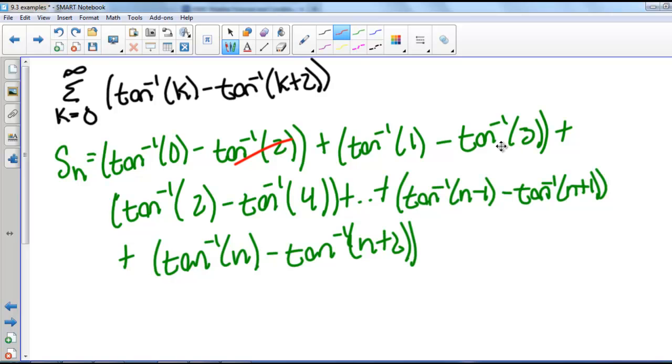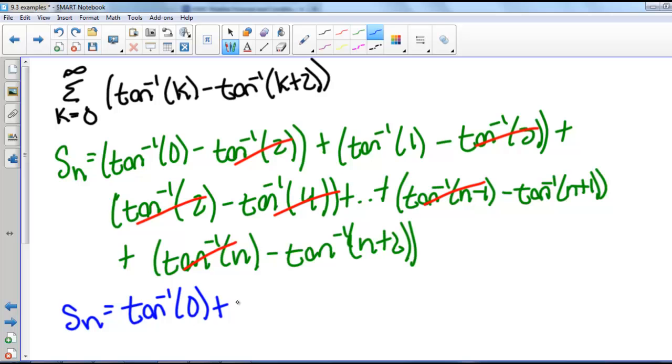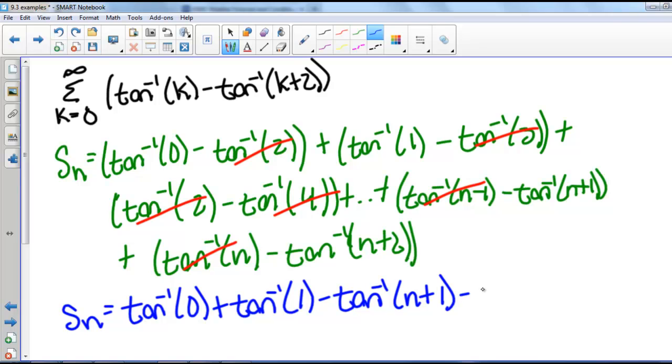So a lot of these terms are going to cancel out, and we'll find that we are left with S sub n equals the inverse tangent of 0 plus the inverse tangent of 1 minus the inverse tangent of n plus 1 minus the inverse tangent of n plus 2.